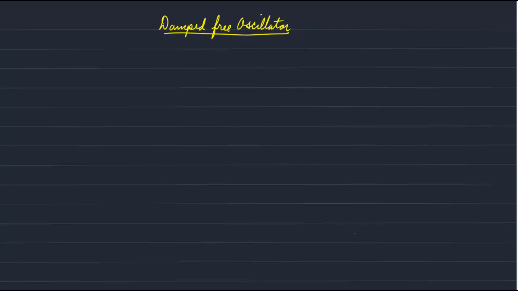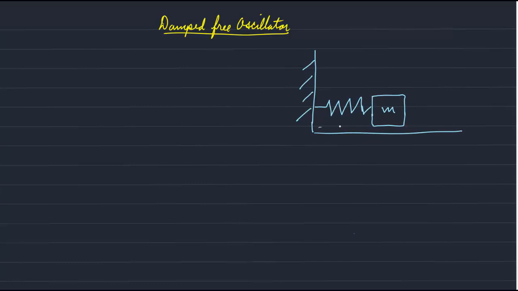Let's review the problem of the mass on a spring. So here we have our fixed wall or whatever is holding our spring. And here's our spring. And again, we had a mass, M, that was resting on top of a viscous fluid.